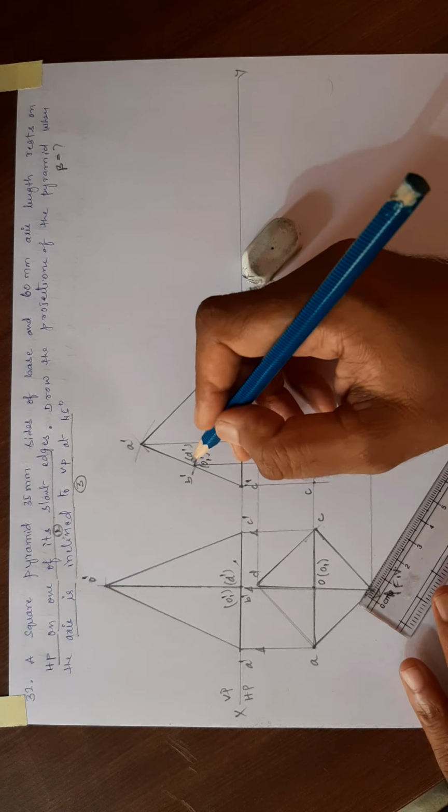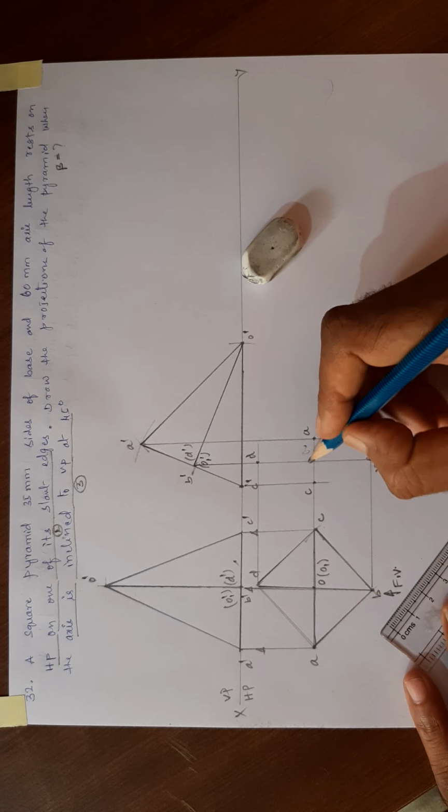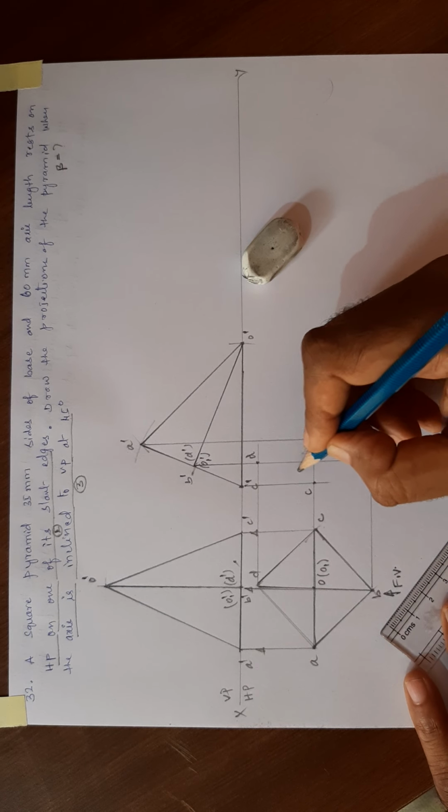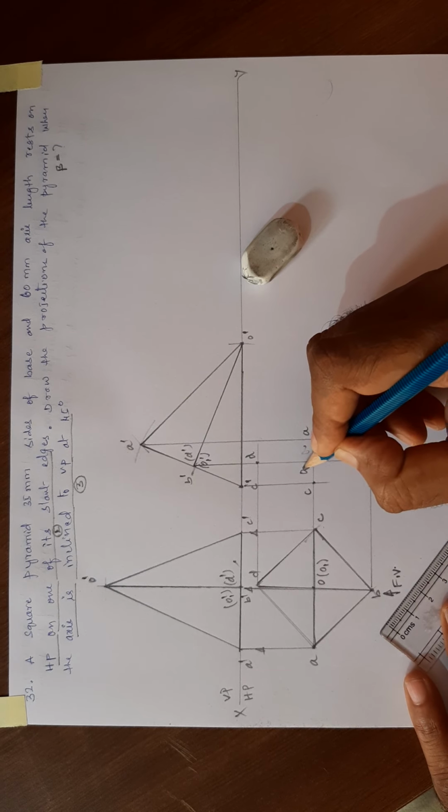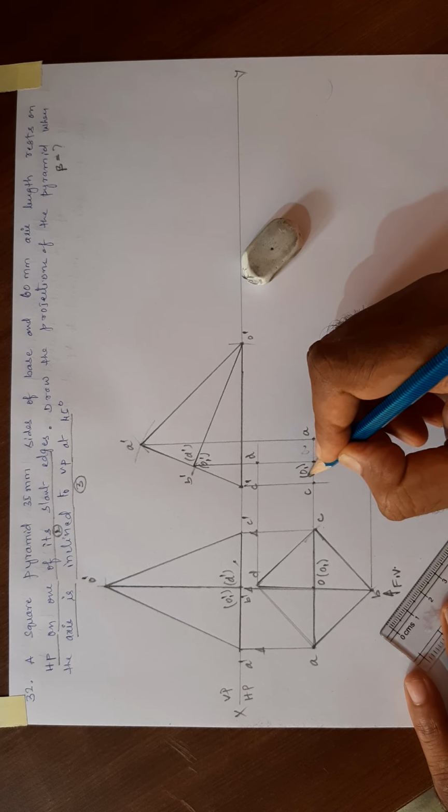Next, the center point. See, O1 dash and O1. This point is O1 in the bracket.